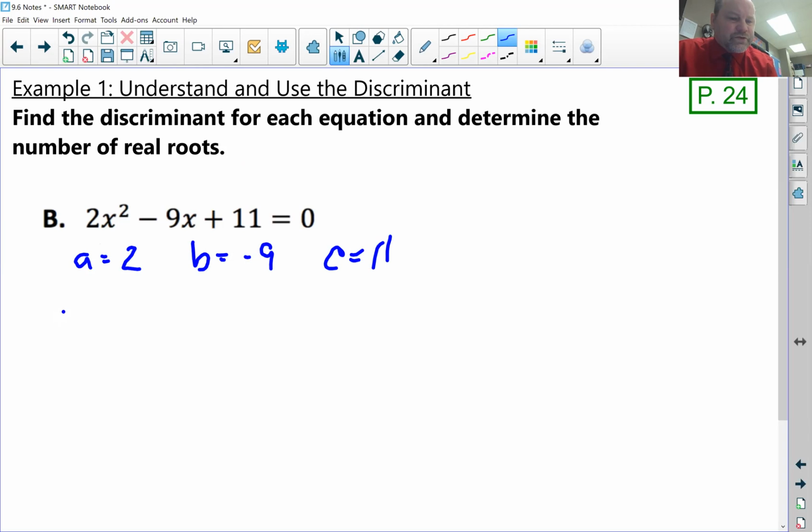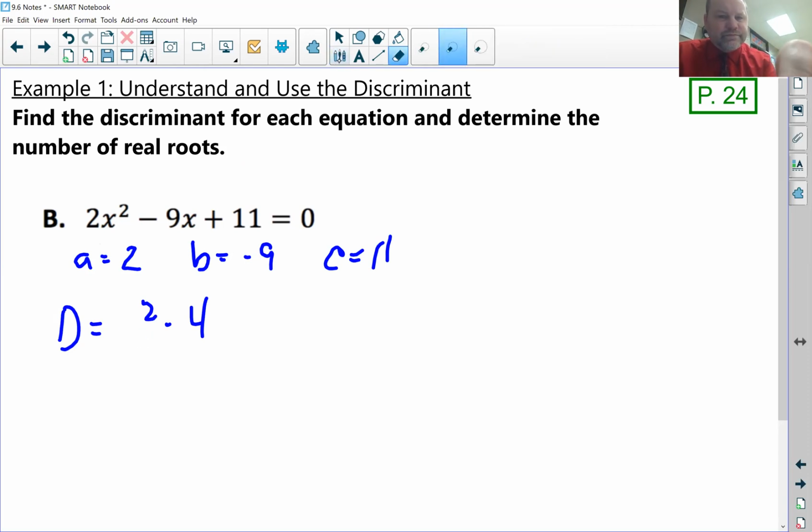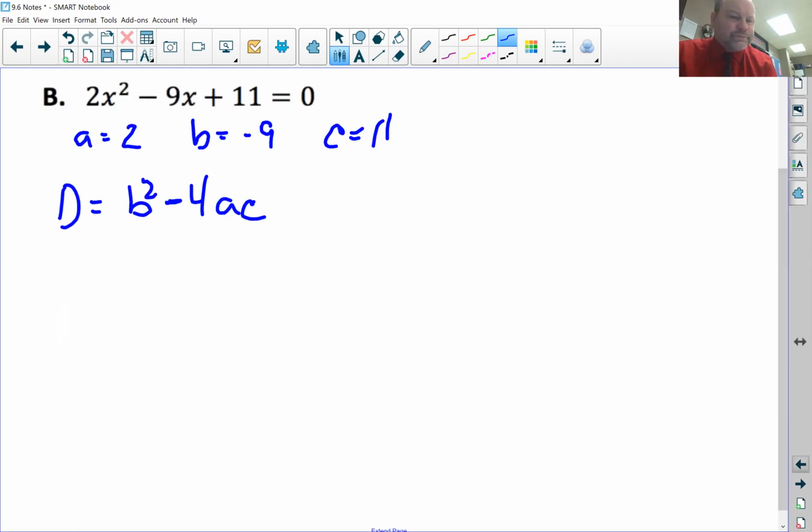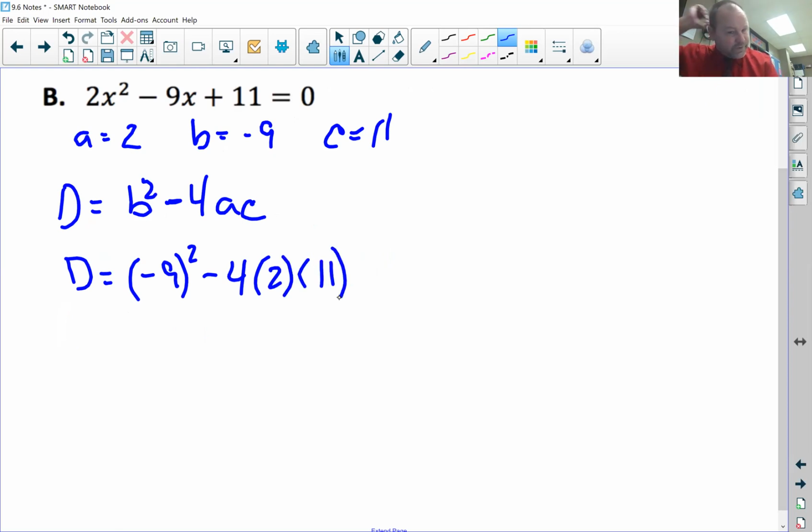So the discriminant, B squared minus 4AC. And yes, it's important to have those parentheses.